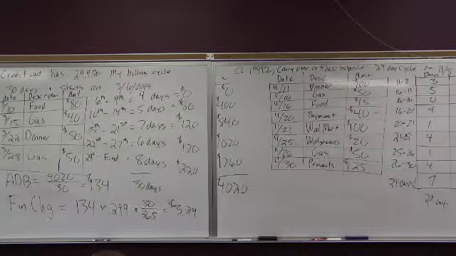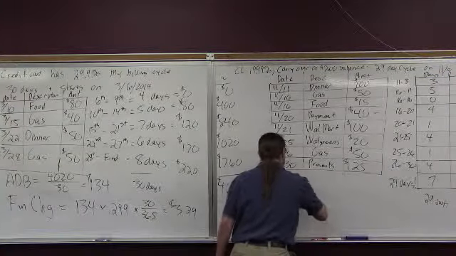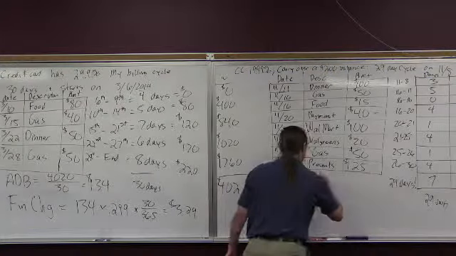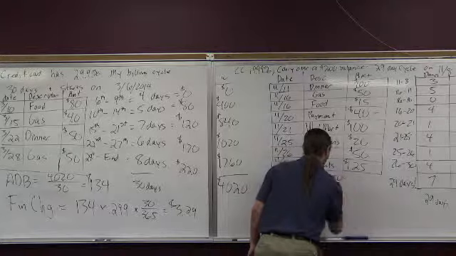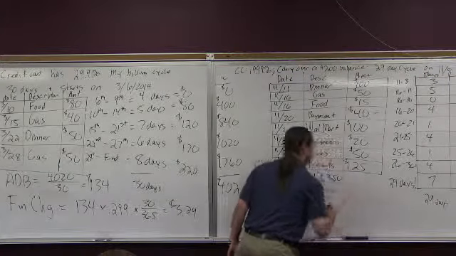Yep. All right. What do I do with that number? Remember that this is how we get the ADB. It's the sum of all of your numbers. 12,350 divided by the number of numbers, 29.